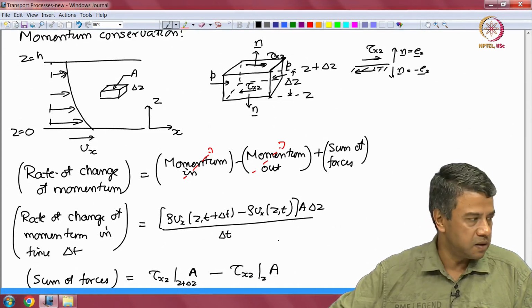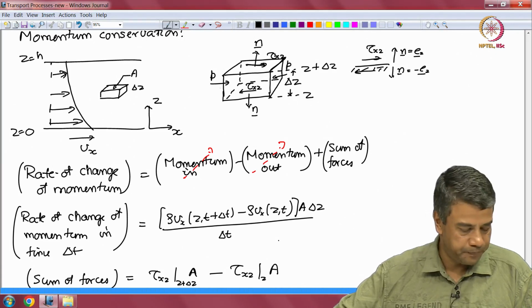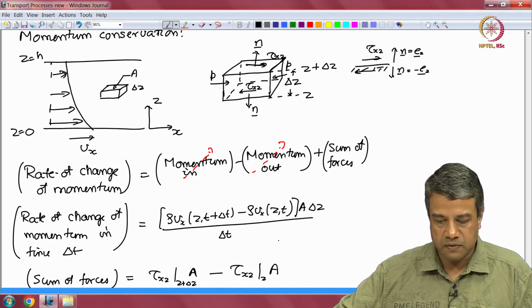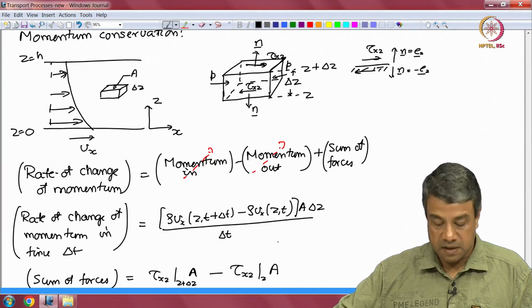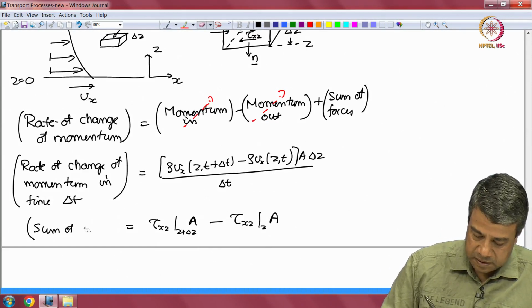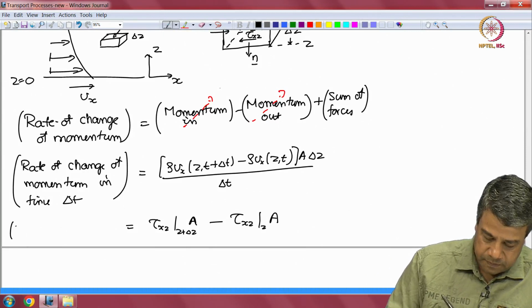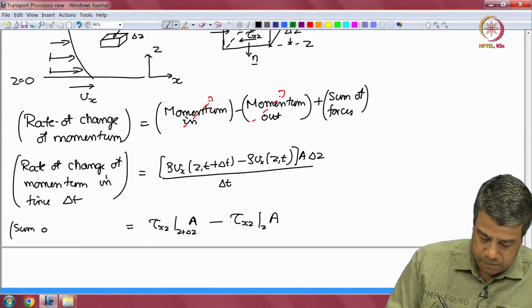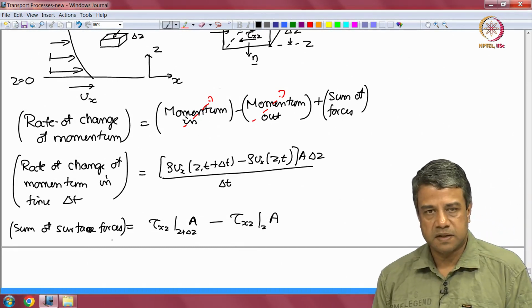Recall that shear stress acts tangential to a surface. So, this is the sum of the surface forces.